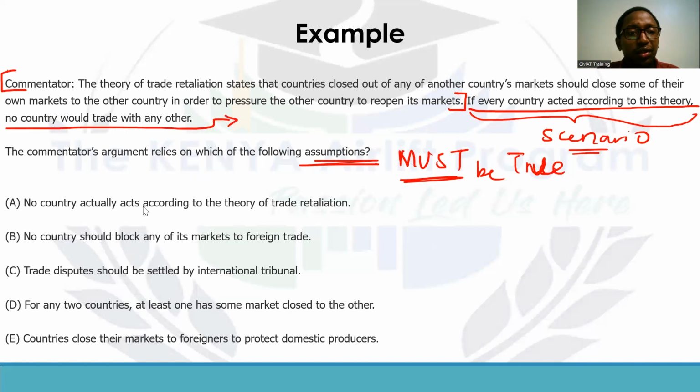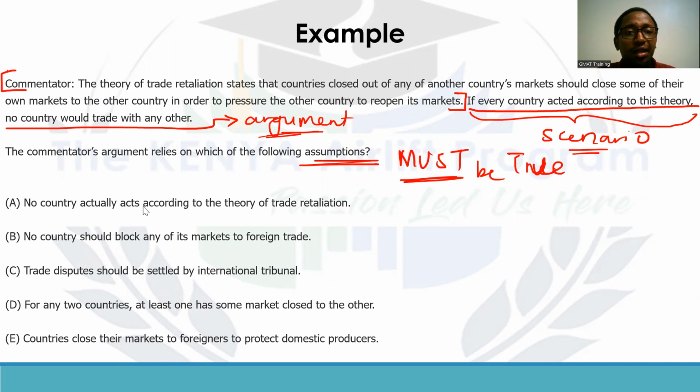So this is the core of the argument, and this argument is made based on this scenario. To answer this question now, you take this scenario as true. Because the argument is based on this scenario, and we are evaluating this argument, we take this scenario as true.